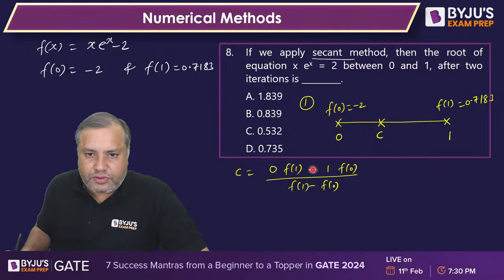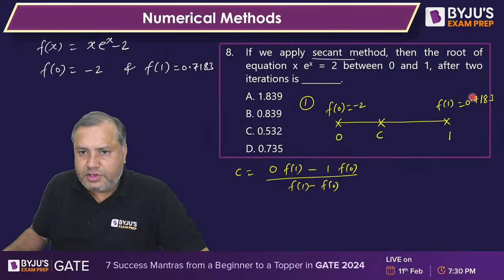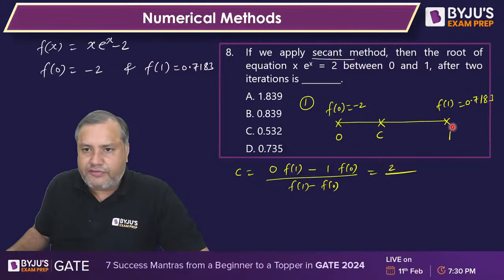So this is 0 minus f of 0. F of 0 is minus 2, so minus of minus 2 will be plus 2. F of 1 is this value, minus of minus, plus 2. So 2 and this value.